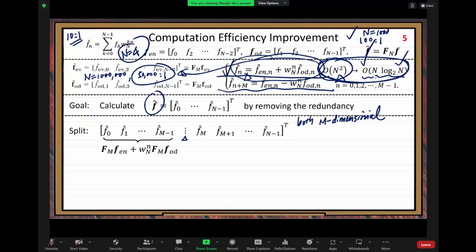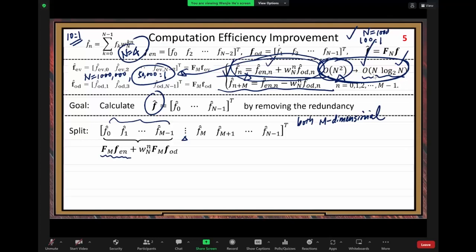Here we put all those components together, and we use the matrix formula to represent it. So you can get it equals the capital F sub m matrix times the even sampling vector. So this is the even sampling vector.